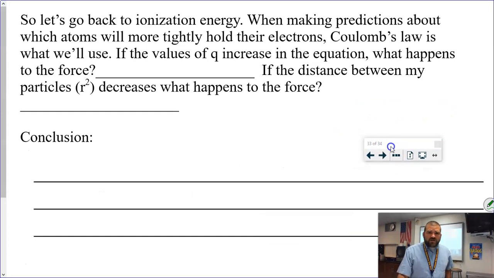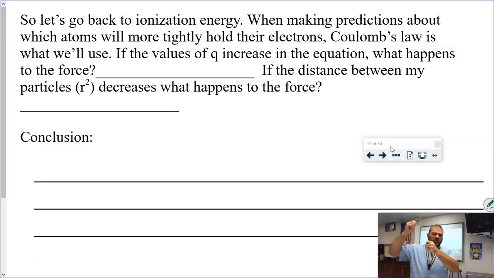All right, so let's go back to ionization energy. When making predictions about which atoms will hold their electrons more tightly, Coulomb's law is what we're going to use. Ionization energy, again, is trying to remove the outer electron. How much energy does that take? Coulomb's law says we have positive protons in the nucleus and a negative electron on the outside.